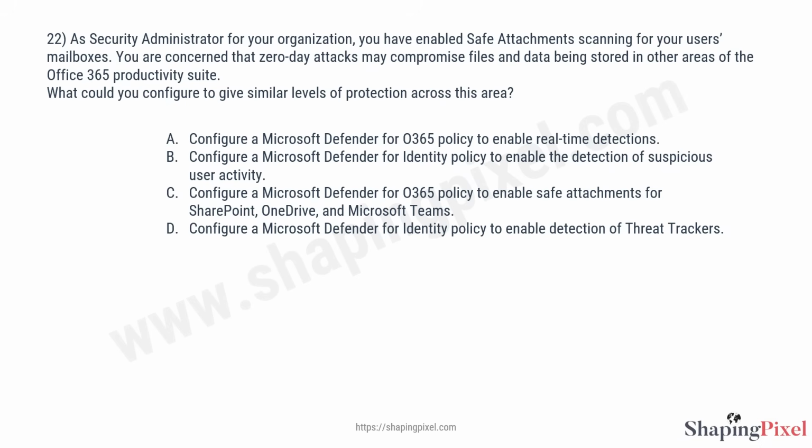Option D, configure a Microsoft Defender for Identity policy to enable detection of threat trackers. So the right answer here is option C. Configure a Microsoft Defender for Office 365 policy to enable Safe Attachments for SharePoint, OneDrive, and Microsoft Teams.